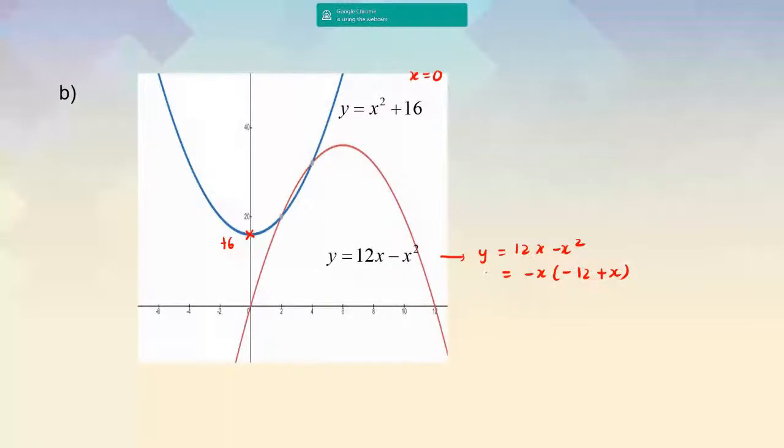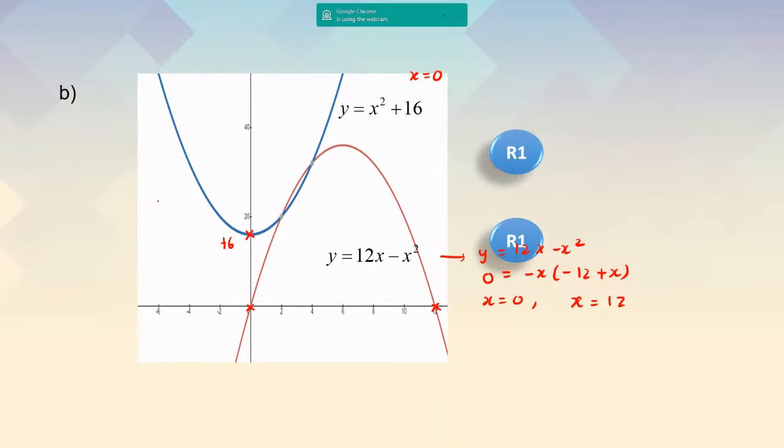Okay, so when y equal to 0, you'll get x equal to 0 and x equal to 12. Okay, so this is your intercept at the x-axis. Okay, and then you buat graph senyum lah. Okay, so this is your graph. The marks is R1, R1 for both graphs.